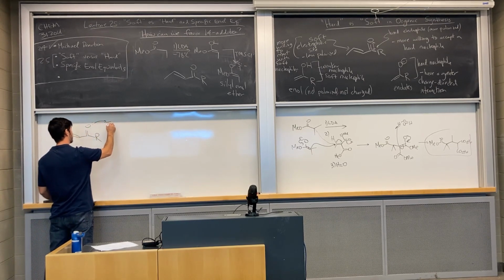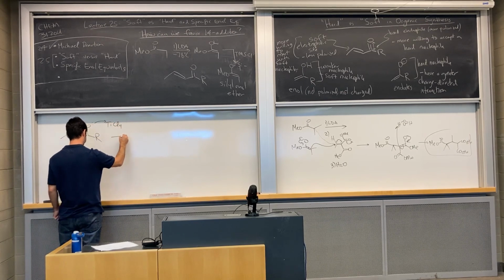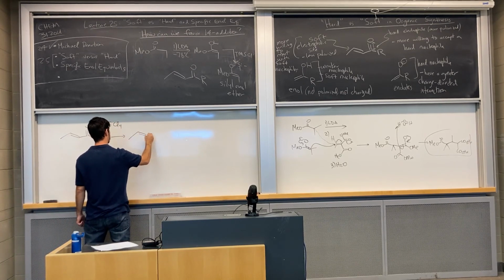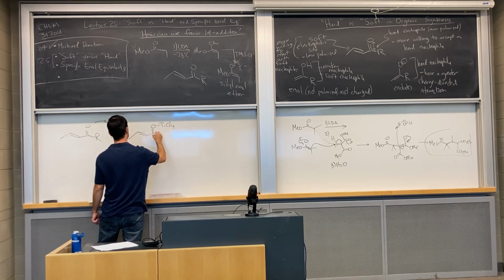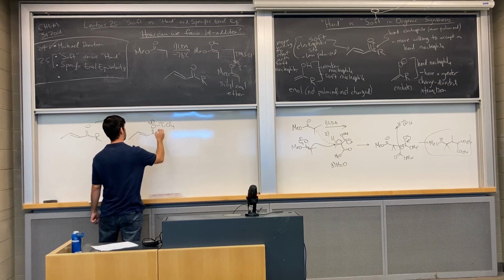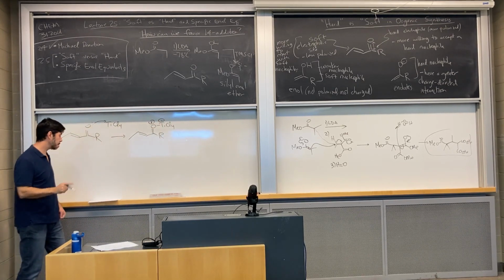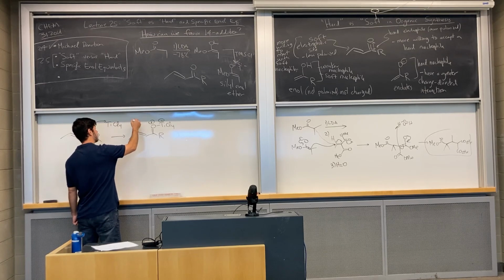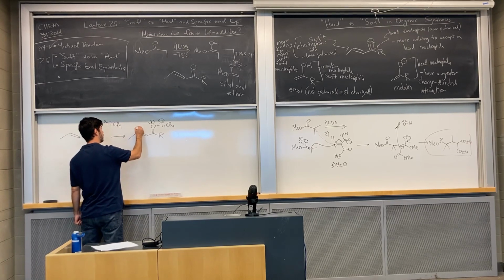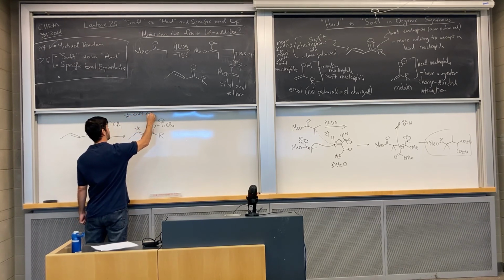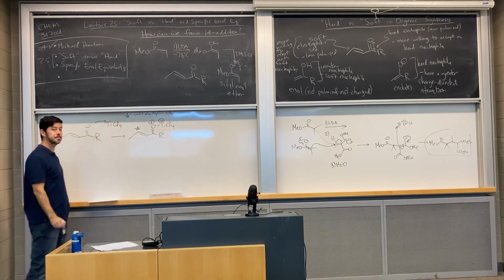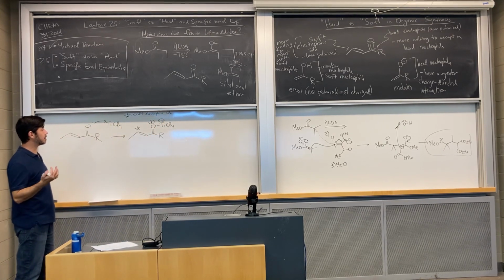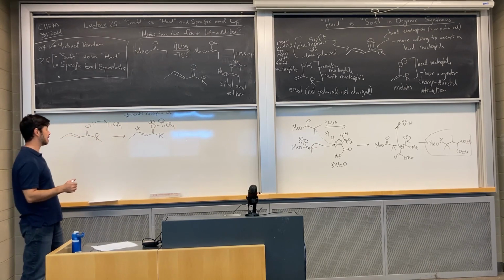So if we treat this with titanium tetrachloride, what you'll end up getting is this species here, and what we've identified is that this, I'll put a little star here, corresponds to now a soft electrophilic site. So the soft electrophilic site will react very well with the silyl enol ether.